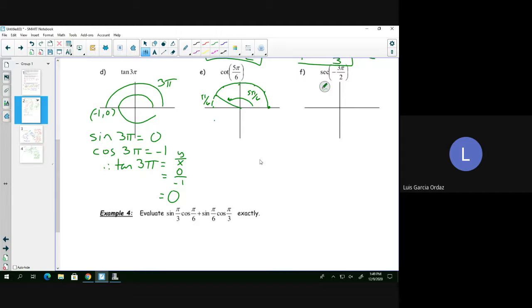Okay? So now we need to ask ourselves, how do we figure out what cotangent of 5 pi over 6 is? Remember the CAST rule. So what function in that second quadrant is positive?